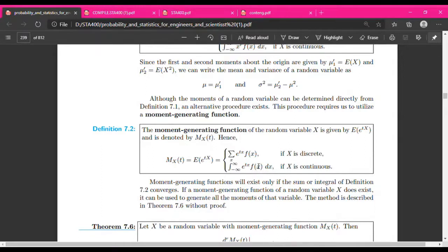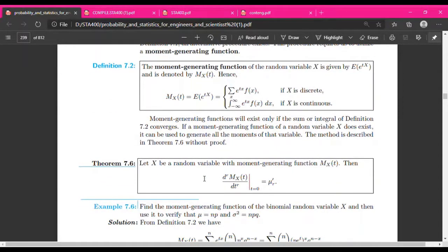Okay, and then dia punya limit ni, you nak integrate dari mana ke mana, it depends pada function of x, interval untuk function x. Okay, so macam sebelum ni juga, once we have the MGF, we can use the MGF untuk dapatkan the value of mean dan juga variance, kan?